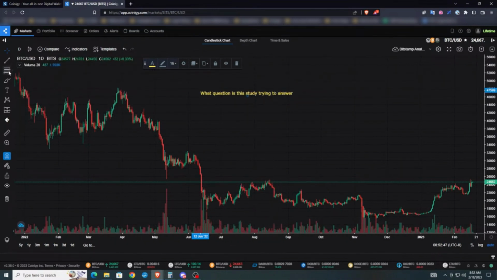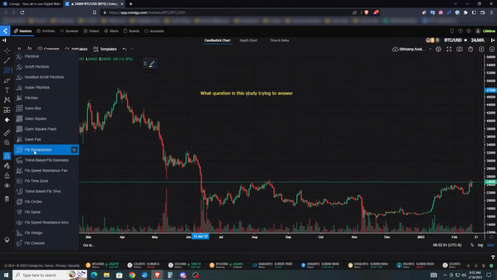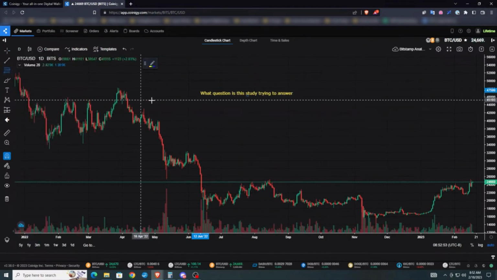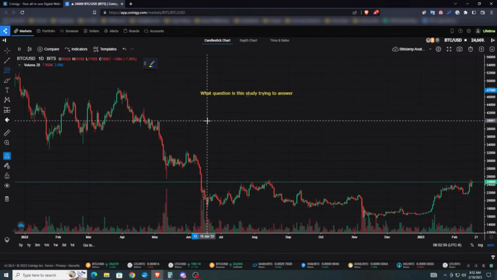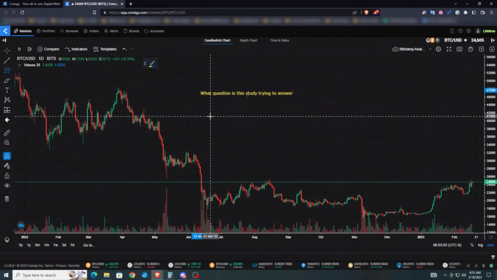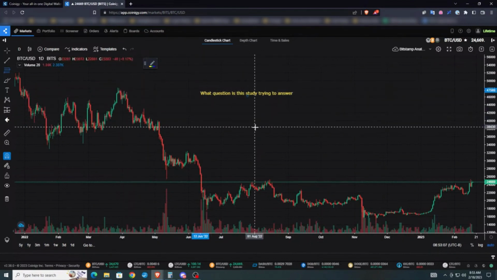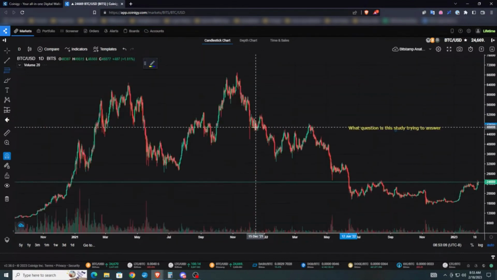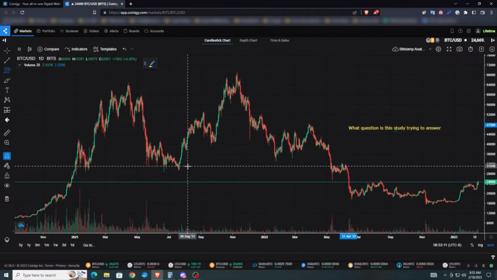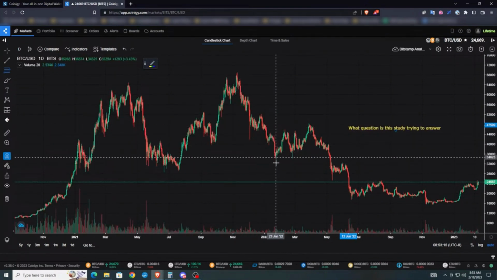So, what question is this study trying to answer? Keep in mind, with retracement, the answer we're looking for is how much of this most recent move the market is likely to retrace or take back. So maybe we'll go back in time a little bit here. This is probably a good range right here.